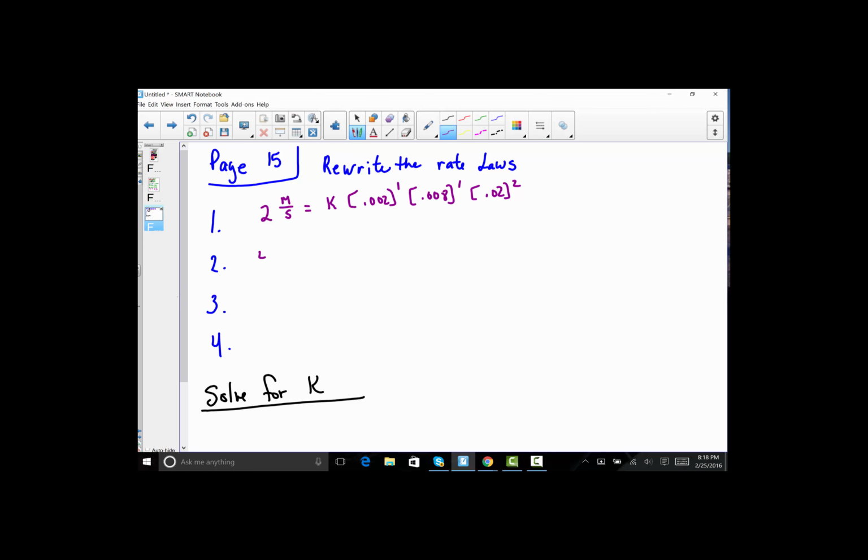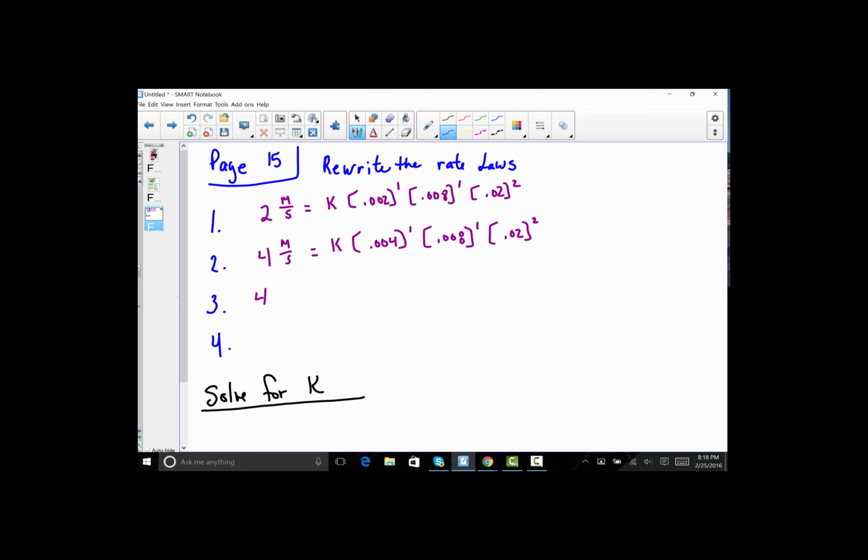For trial 2, we know it was 4 molar per second is equal to k, the constant. This time the concentration of iodide had doubled, first order. The bromate was constant at 0.008, and the acid remained constant at 0.02.